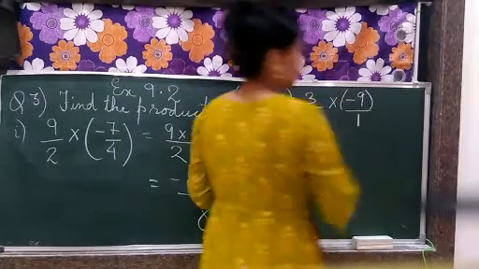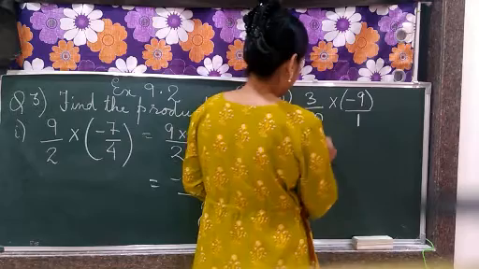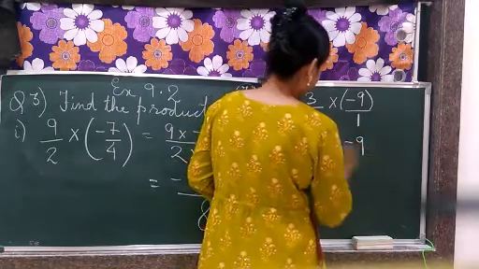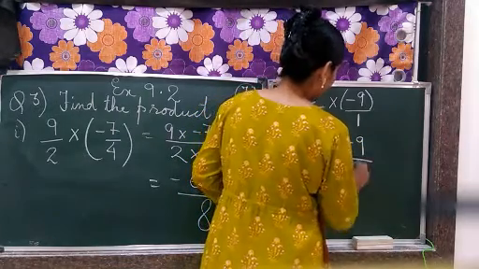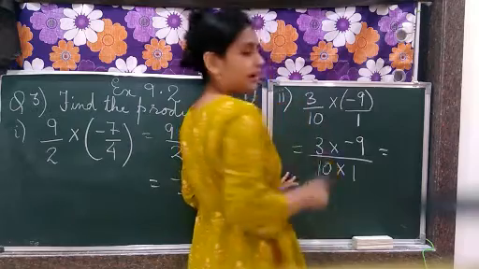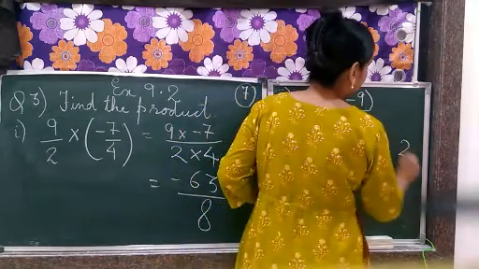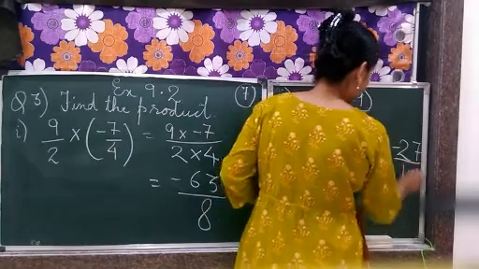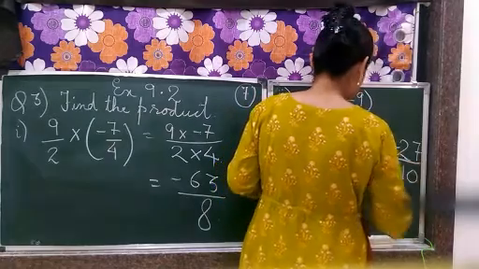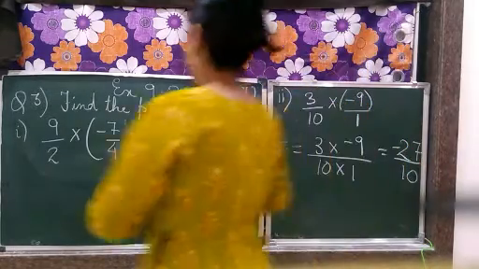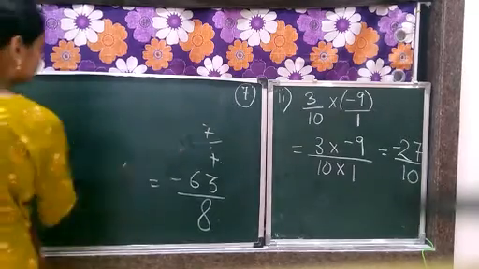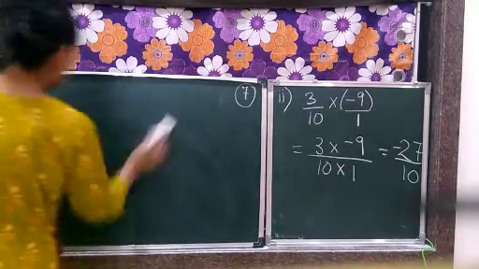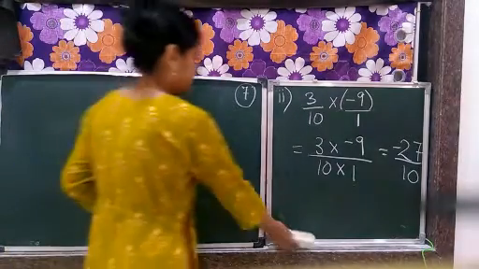But here we don't have a denominator, so we simply put 1. 3 will get multiplied to minus 9 and 10 will get multiplied to 1, or simply we can multiply 3 and 9 and we can complete. 3 nines are 27. Plus into minus gives us minus. 10 ones are 10. This completes the second one. Now we start the third one.